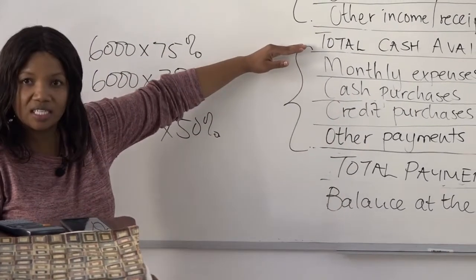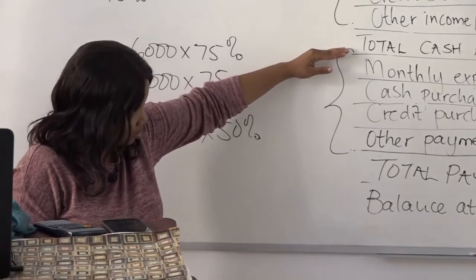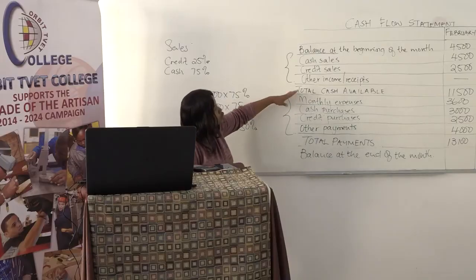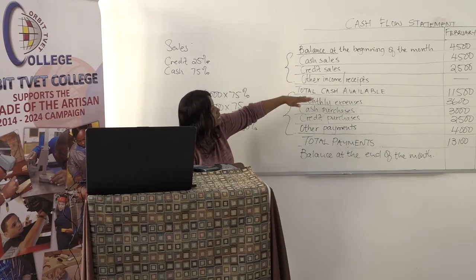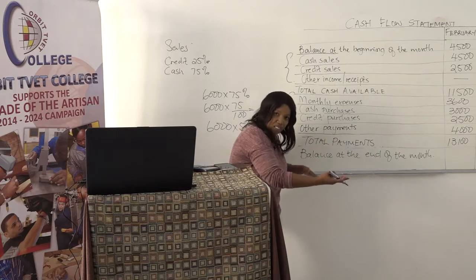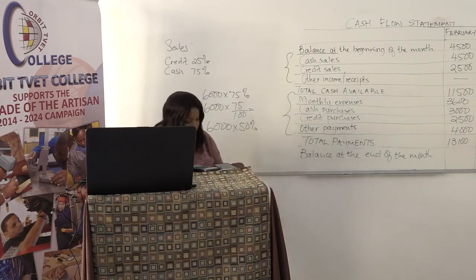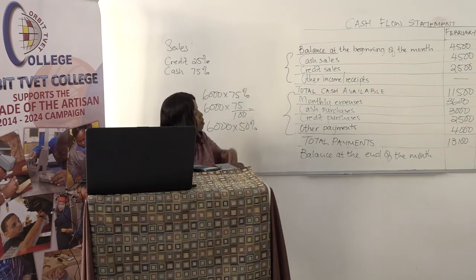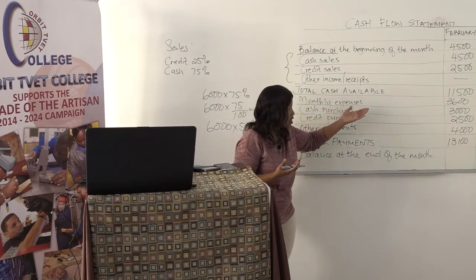Now, before we can calculate the balance at the end of the month, we need to check how much is the cash that we are expecting as the business. And when we check, we realize that the cash that we are going to receive in February is less than what we are going to spend, which is our payments. Now, when we calculate, we don't say our payments are more than our cash available, therefore 13,100 subtract 11,500.